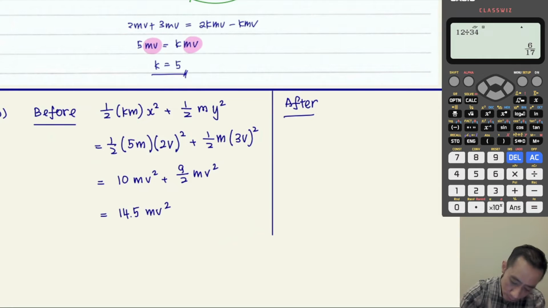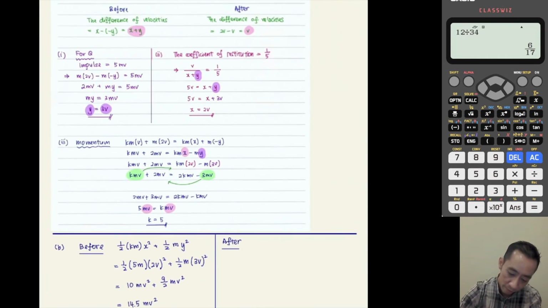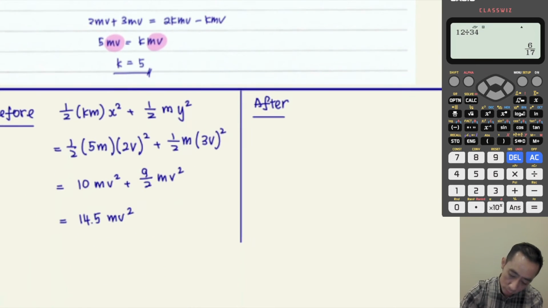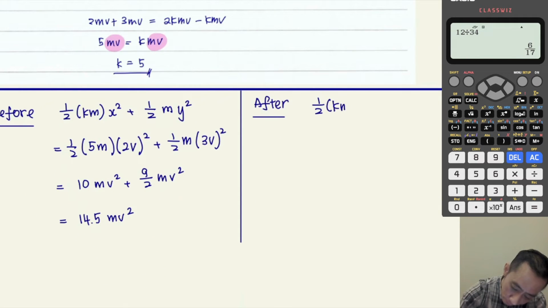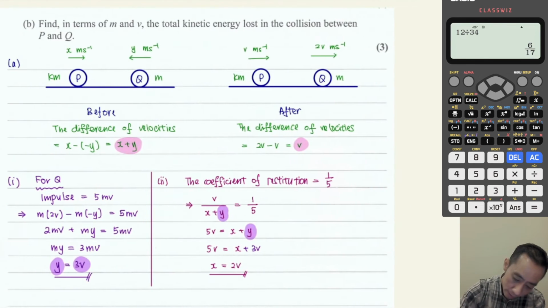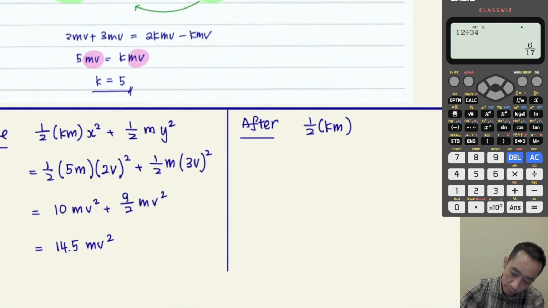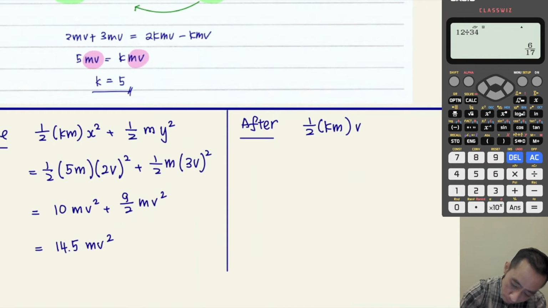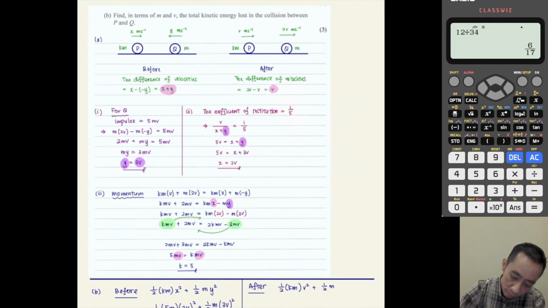Okay, then after. Let's see what is the kinetic energy that we have after. So 1 over 2 km, the velocity of P is v, which means v squared, and then plus 1 over 2, the mass for Q is m, the velocity is 2v.